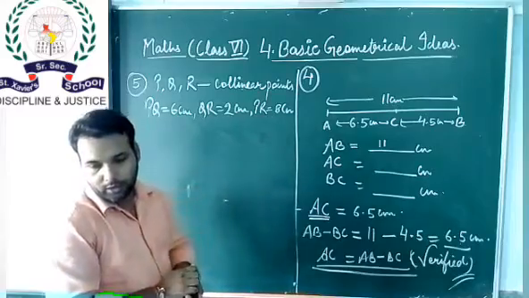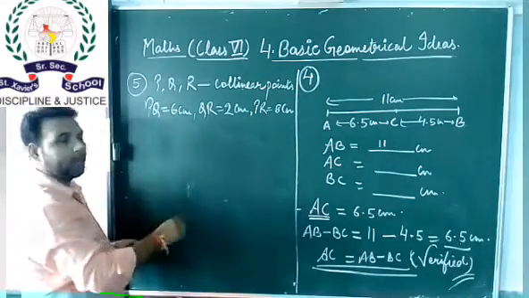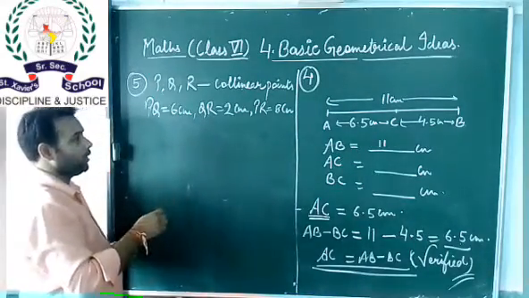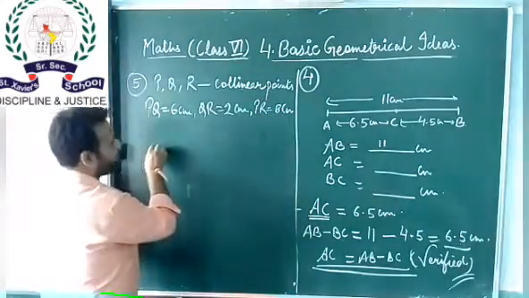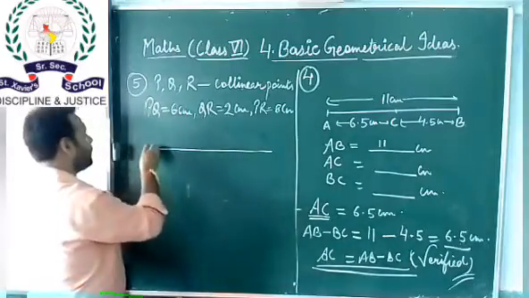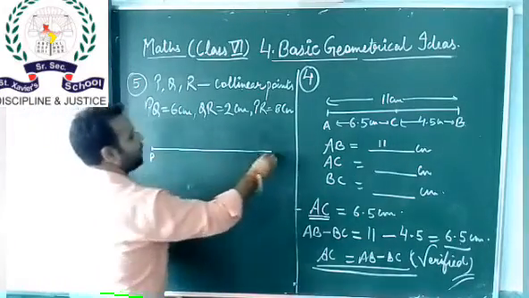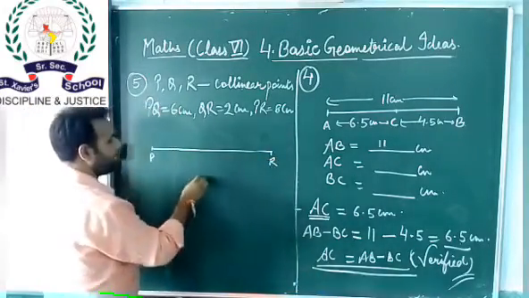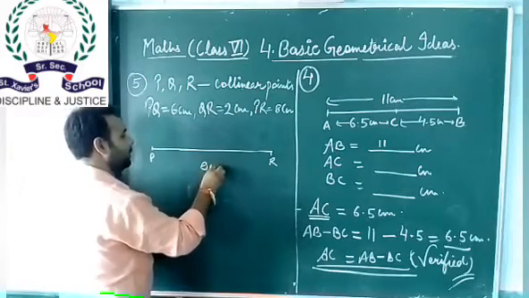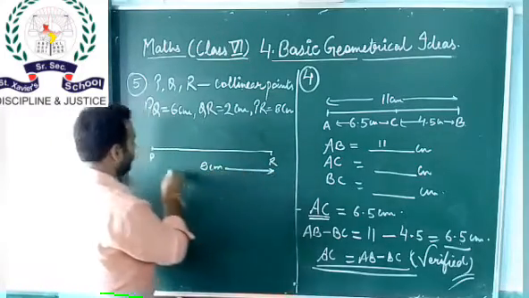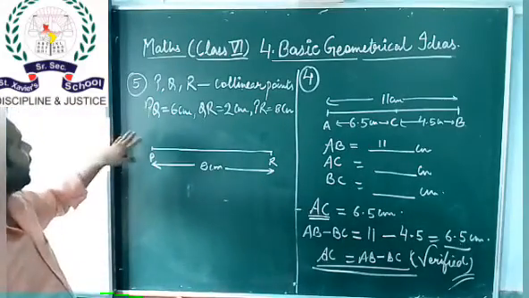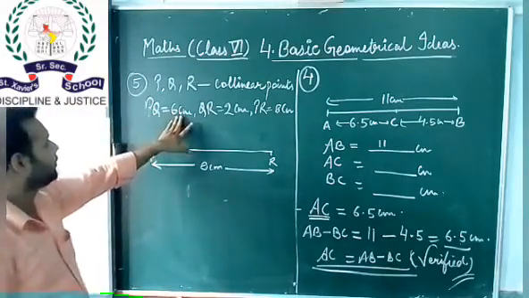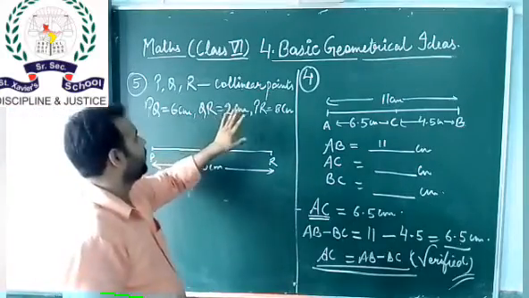PR is longer. Then first you have to draw a line segment whose measure is 8 centimeter. Draw a line and mention the points P and R, that is 8 centimeter from P to R. PQ is given 6 centimeter, QR is given 2 centimeter.